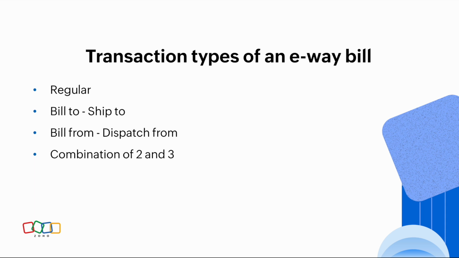The transaction type of the e-way bill is based on the addresses present in the e-invoice, that is the address type of your organization, bill from and dispatch from addresses, and the address type of your customer such as bill to and ship to addresses.